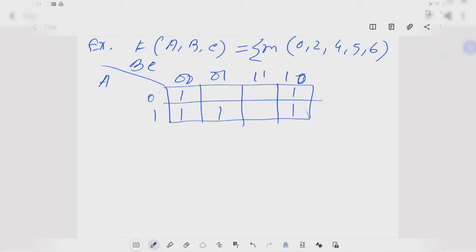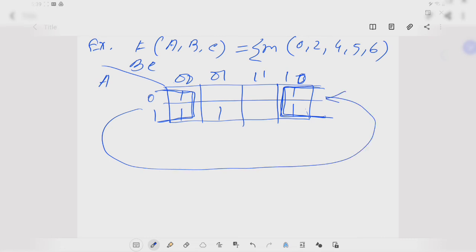So the first way is to see that these 2 ones and those 2 ones are consecutive, because this side and that side are actually connected. It's a map, so we cannot see a three-dimensional object in a two-dimensional space. It's a three-dimensional object, but we try to visualize it in a two-dimensional space. So we have to consider that these two sides are connected. So when they are connected, these four ones are consecutive.